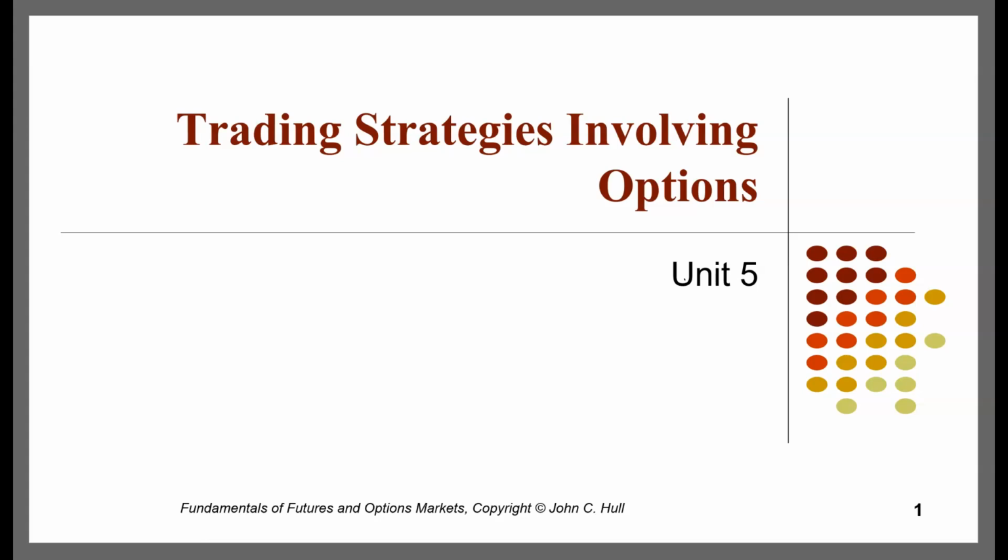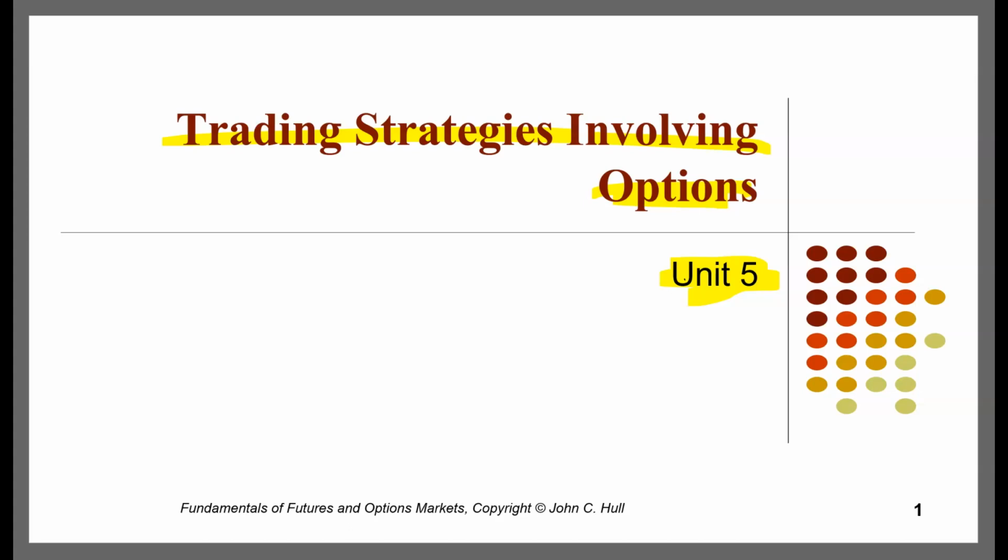In this video we're going to start with Unit 5, and Unit 5 is going to be on trading strategies involving options. So far, in Units 1 through 3, we talked about futures and forwards, and we looked at trading strategies using futures and forwards.